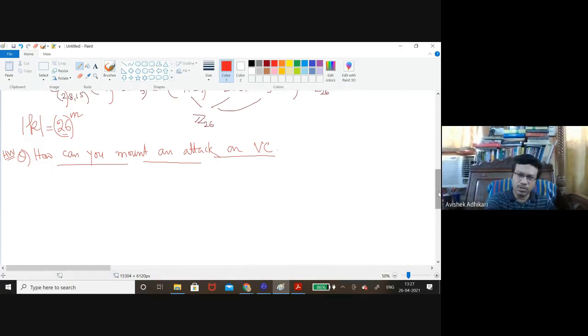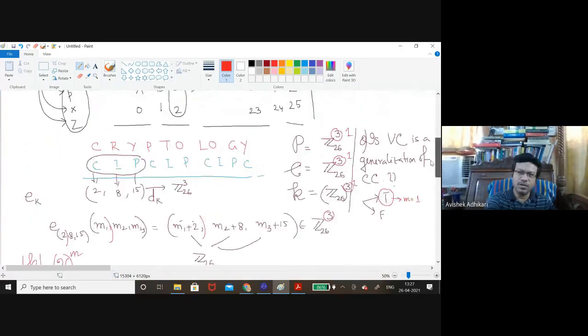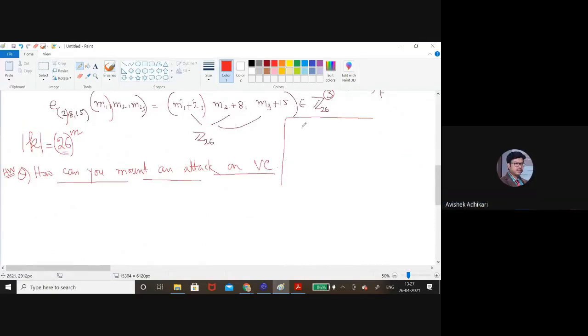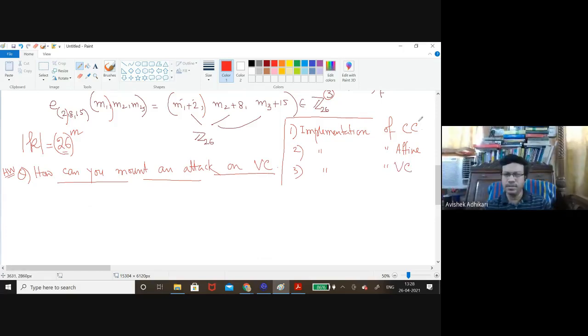And you may also try, first, in C programming or any other language if you prefer, the implementation of Caesarian cipher, then implementation of affine cipher, and then implementation of this Vigenere cipher.